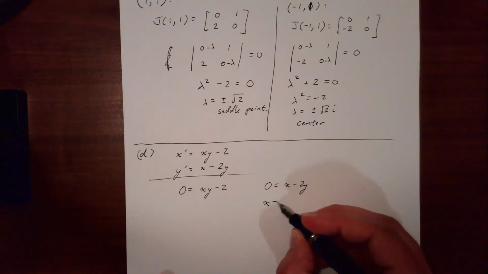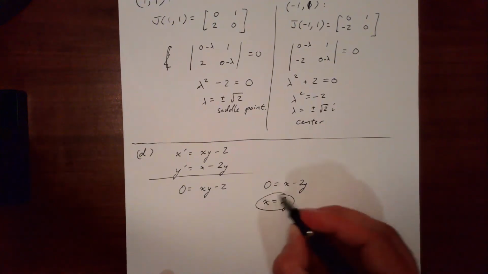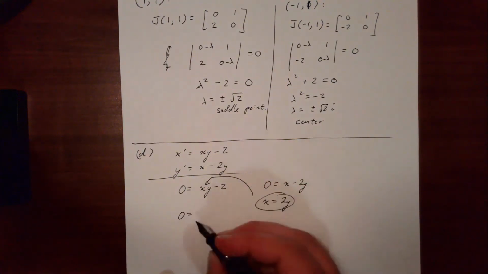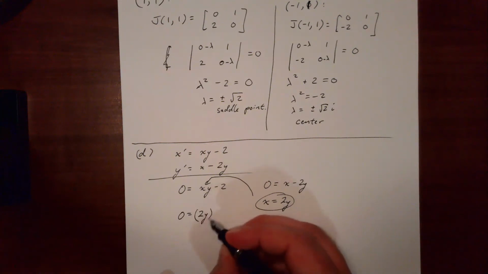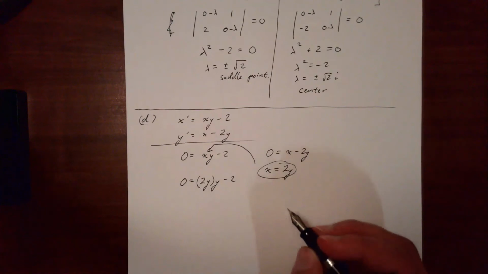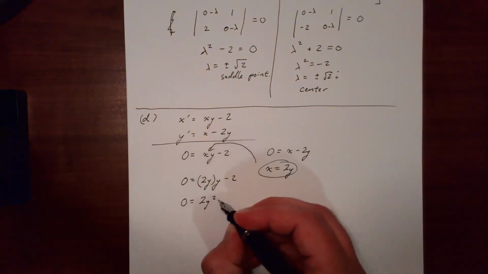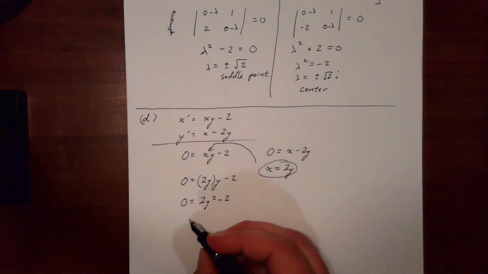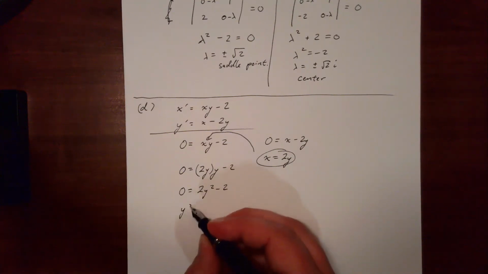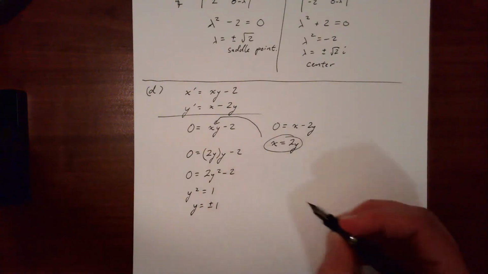I'll solve x equals 2y. I'll plug that in over here, and I'll get 2y times y minus 2. And then that means I'm going to have 0 equals 2y squared minus 2. So in other words, if I add 2, divide by 2, I'll have y squared equals 1. Y equals plus or minus 1.